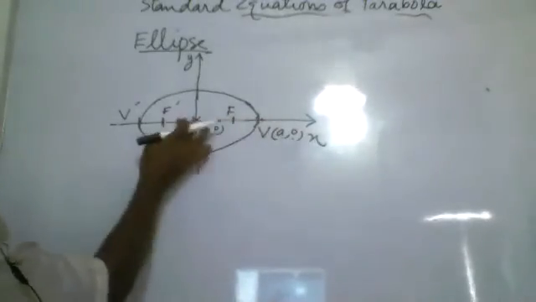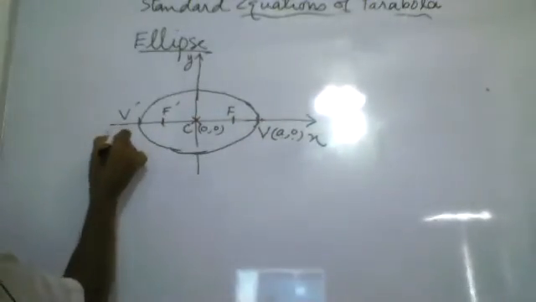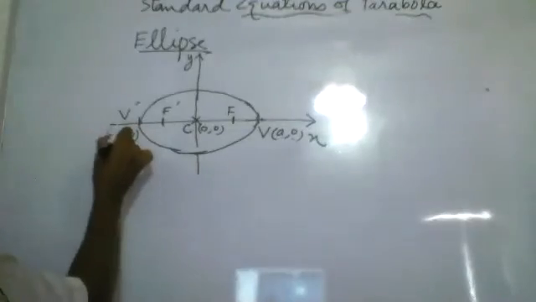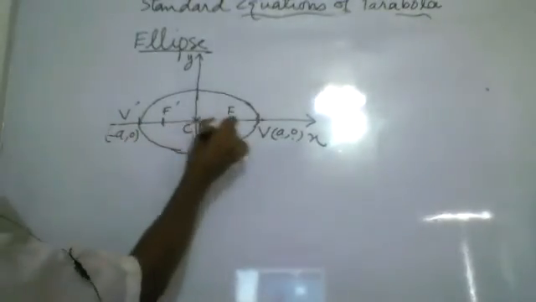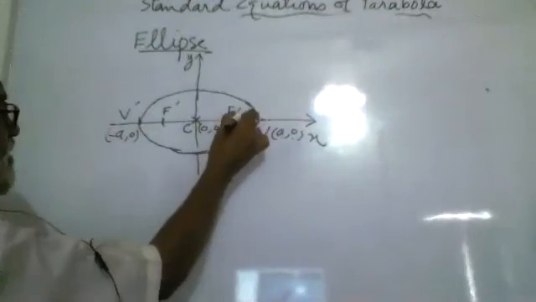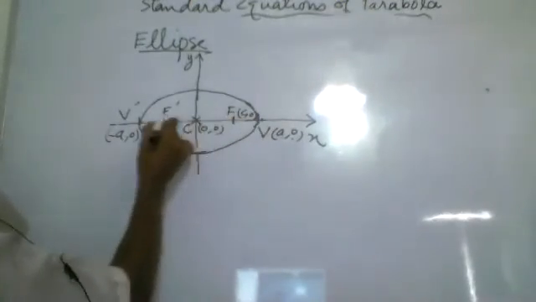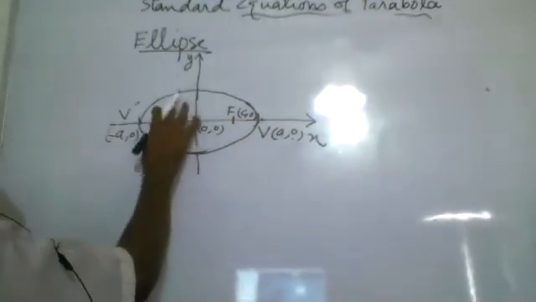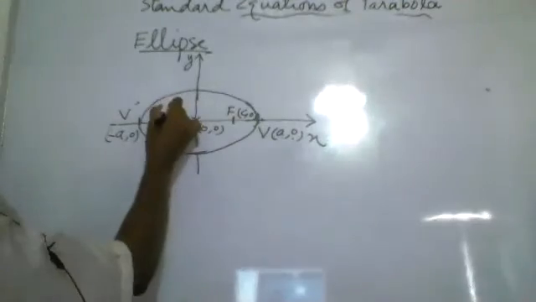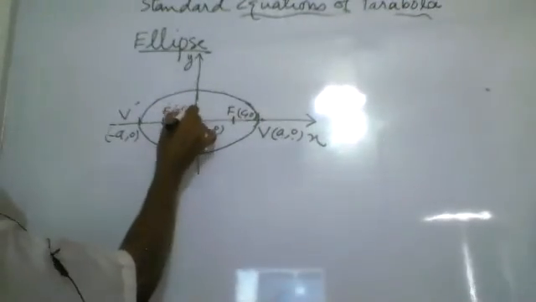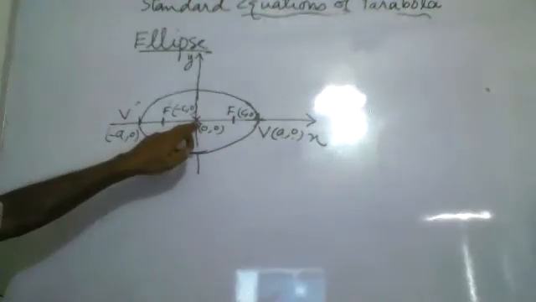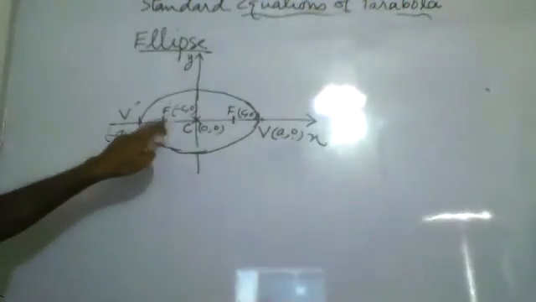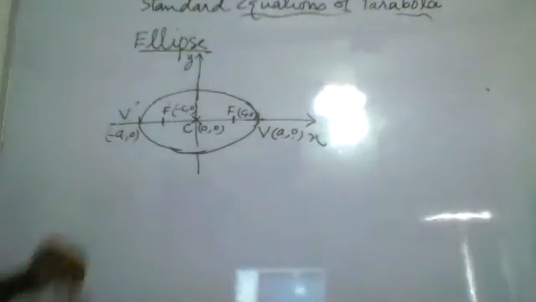This is positive A, that will be negative A: V dash is minus A, comma 0. The focus from the center is at C, comma 0, and F dash will be minus C, comma 0. The center will be at the mid of the foci or at the mid of the vertices.